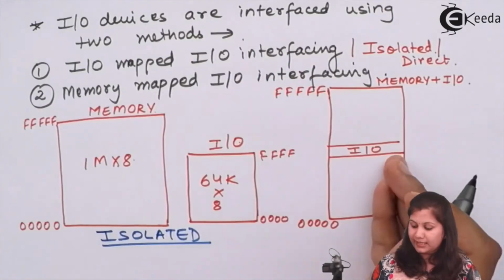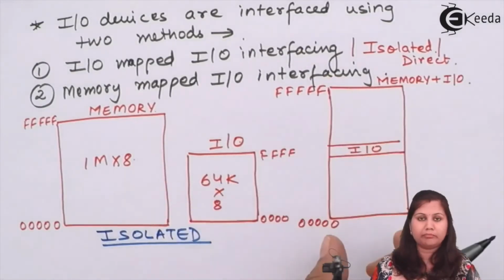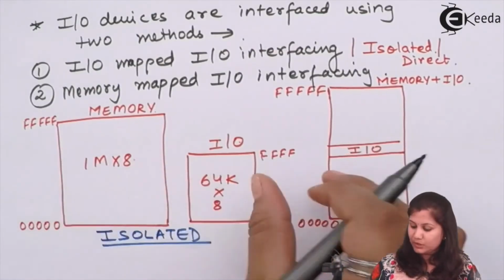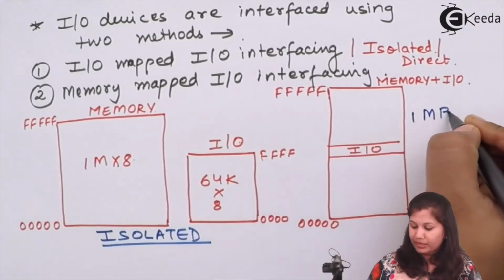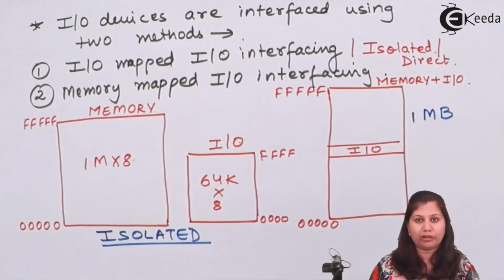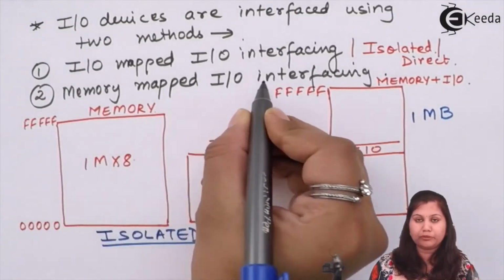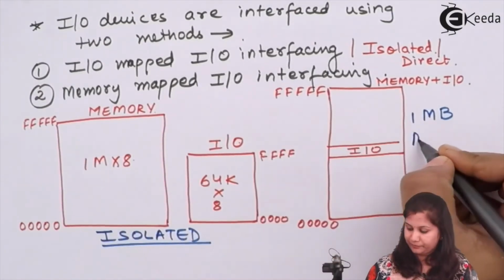Whereas in the second case, the input output devices are a part of the memory. This memory size was 1 megabyte, and this 1 megabyte is shared by both memory and the input output devices. So this is memory mapped input output interfacing.